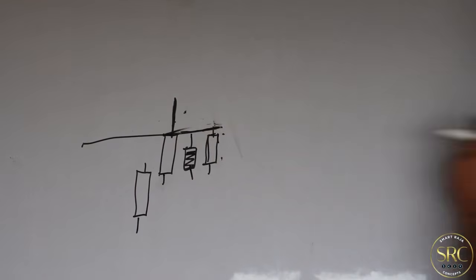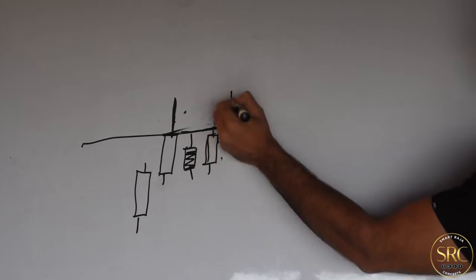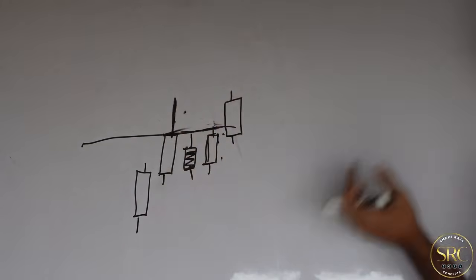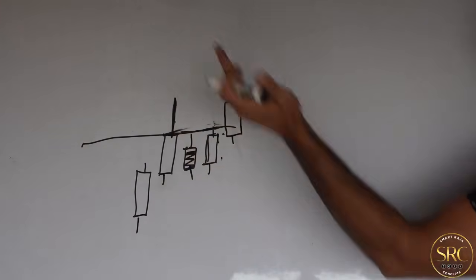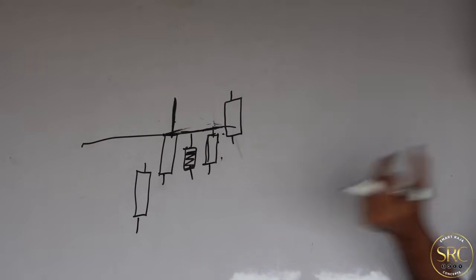A better scenario would be for you to wait for a candle to close in this area. What this tells you is that previously we tried to break above this area, but we couldn't. The candle exhausted, went down in the range, and rejected. But now we have this Robocop candle.